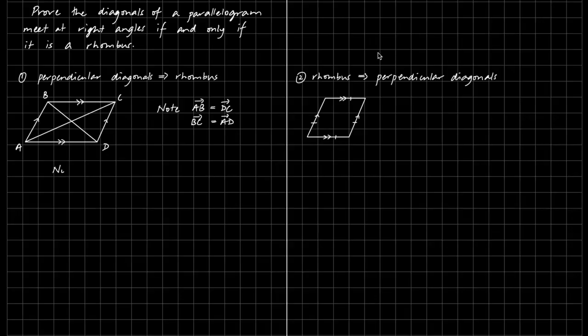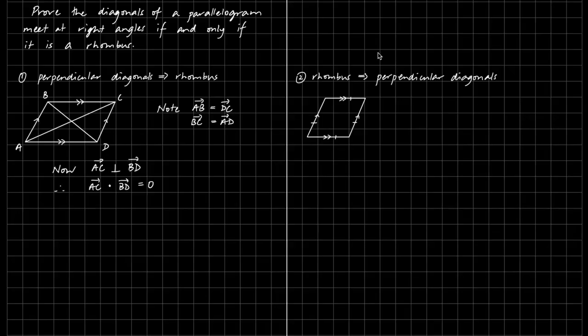Alright, so what we're starting with is the fact that the diagonals, which are AC and BD, are perpendicular to each other. And immediately, if we're working with vectors, that should make a little light bulb go on in our heads, which says if two vectors are perpendicular, then their dot product is equal to 0.